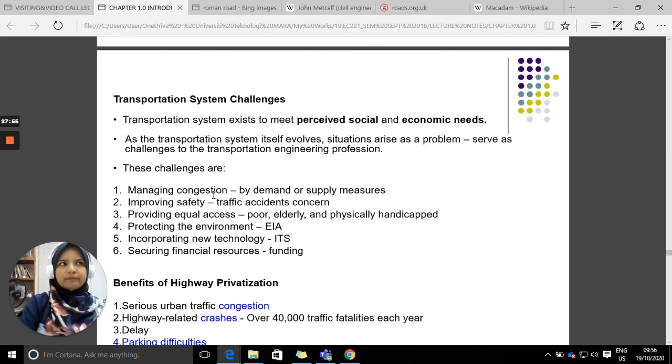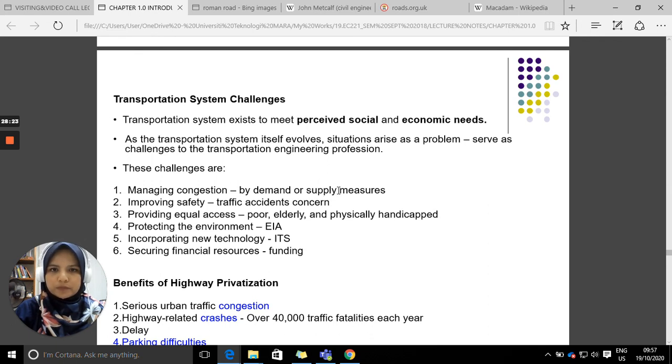Those are the major challenges of the transportation. Okay. Besides that, maybe there are some issues regarding parking facilities. Alright. Okay. So we'll be looking at what are the challenges as we mentioned in this slide. Alright. How to manage the congestion by demand or supply measures.